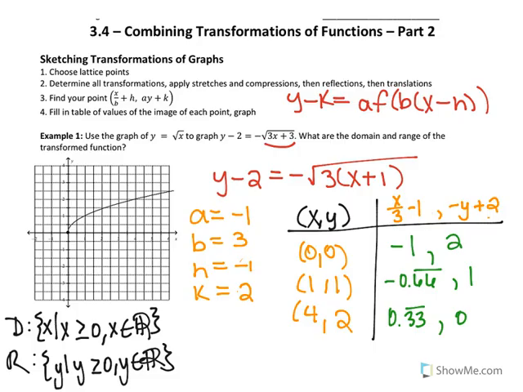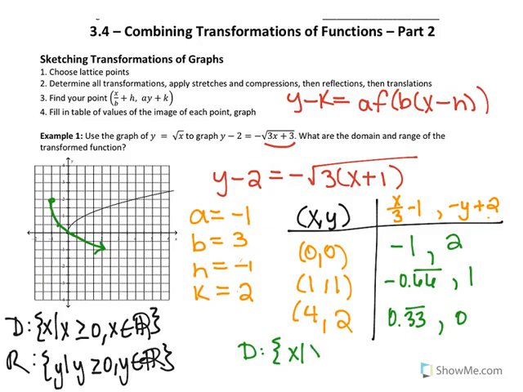So we will plot these new points. So -1 and 2, -0.6 and 1, and 0.3 and 0. So it looks like that, and our graph would go like that. So that is our new function.